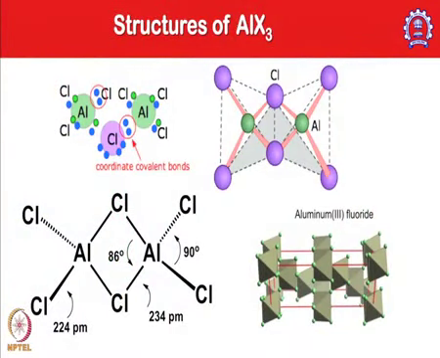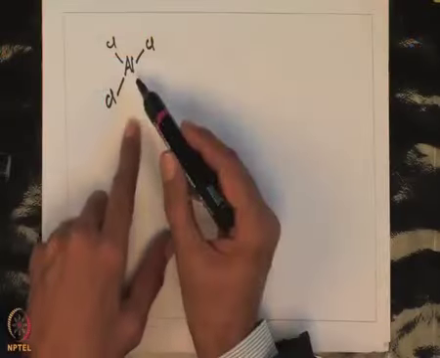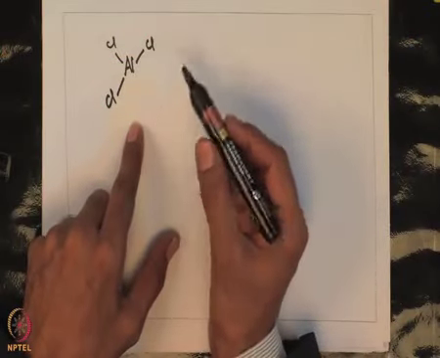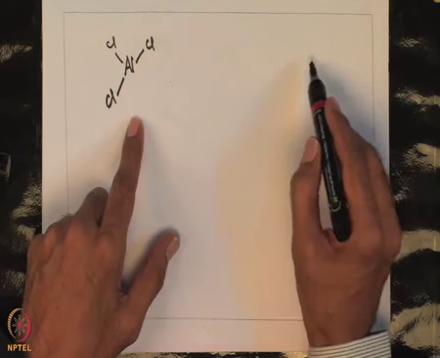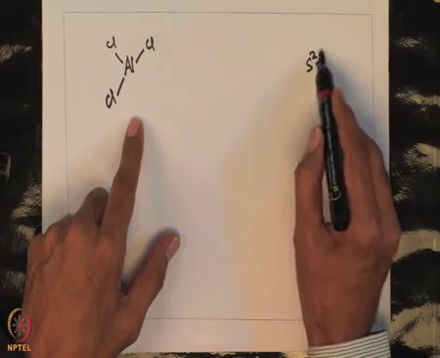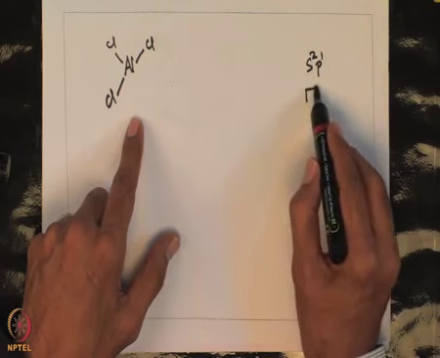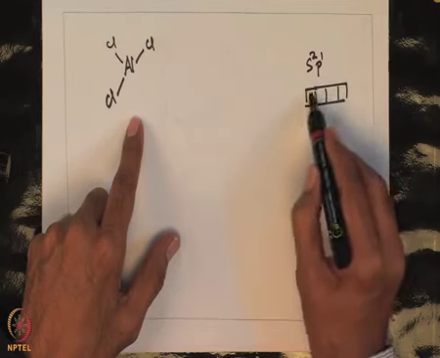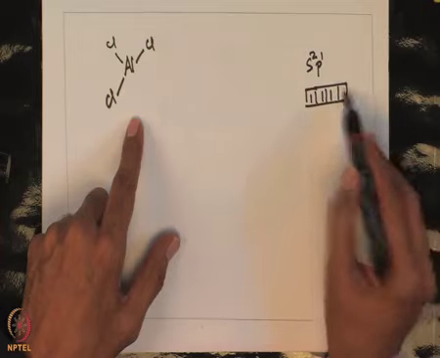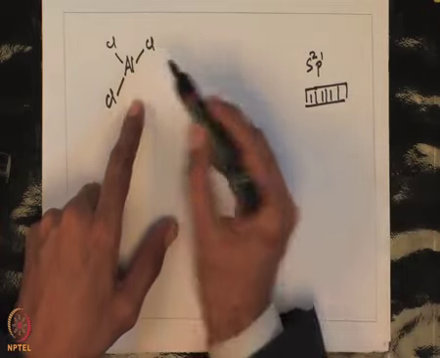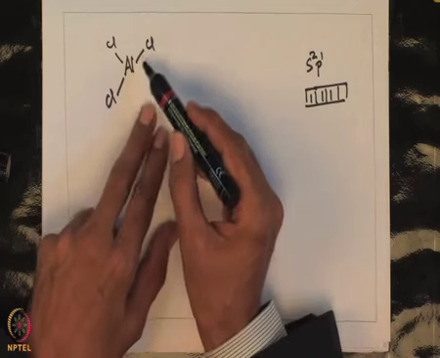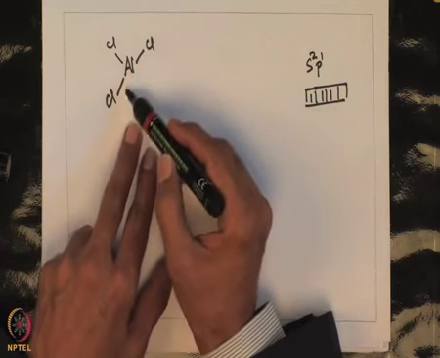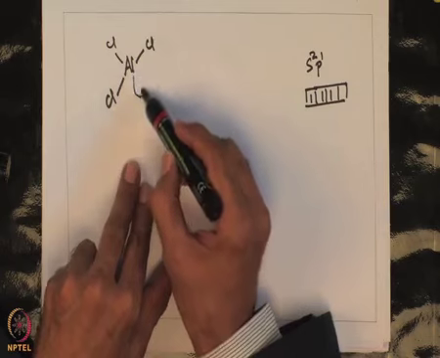If you take aluminum trichloride, one can write, and if you assume aluminum has undergone sp3 hybridization, here what we have is s2p1, and they combine together to form 4 sp3 hybrid orbitals having 3 electrons, one is empty. Now 3 sp3 orbitals with 1 electron each will interact with chlorine to form 3 AlCl bonds, and the other one is empty.